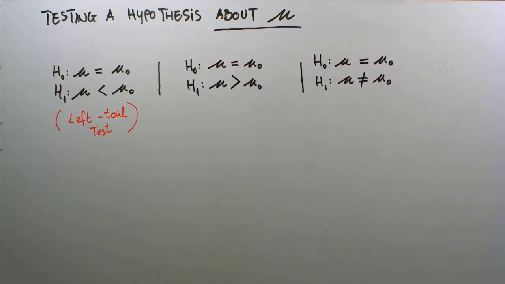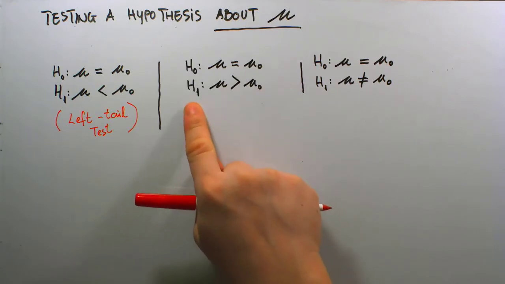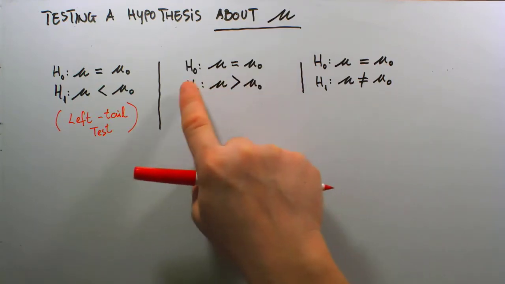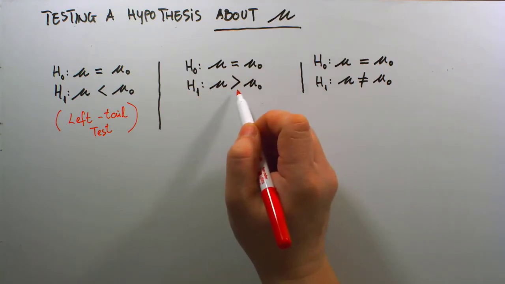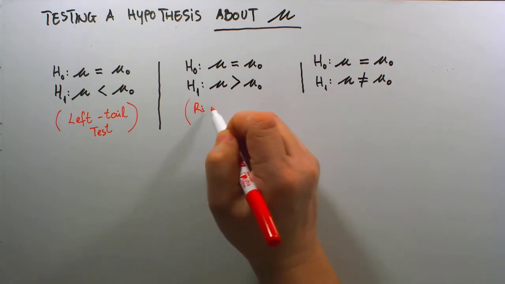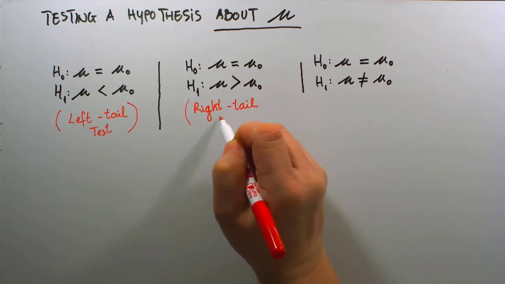Further, in a similar way, once we have identified our alternative hypothesis and it says greater than in our inequality statement, this is regarded as a right tail test.